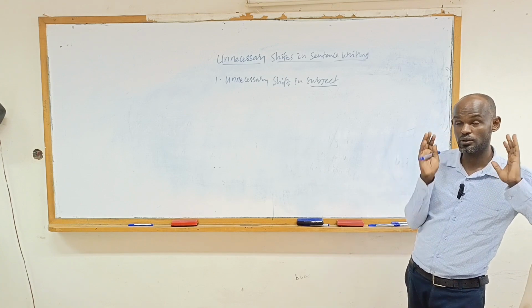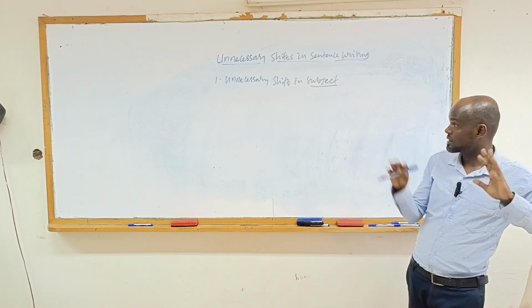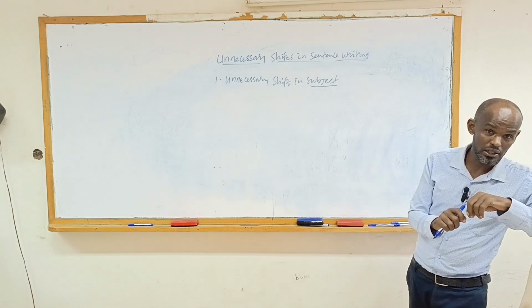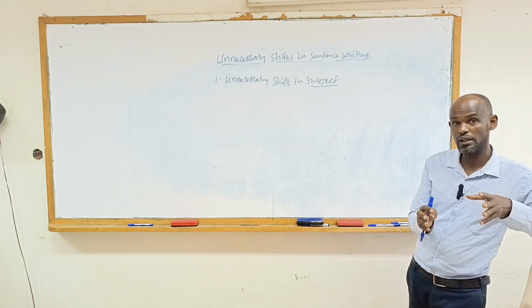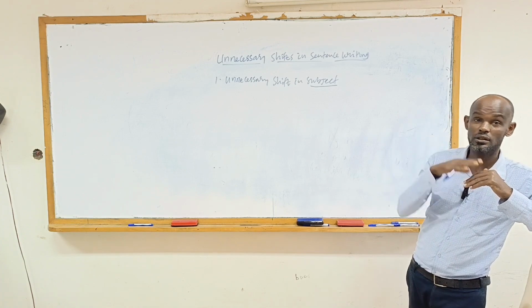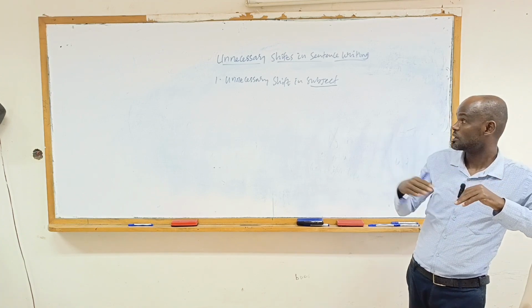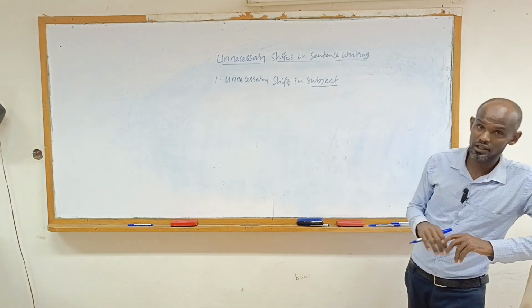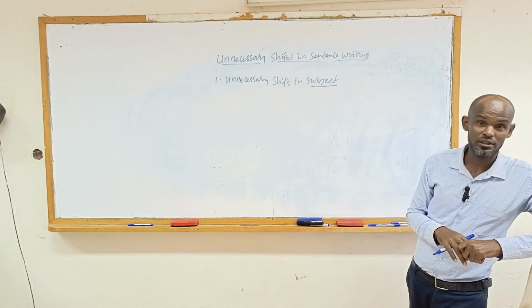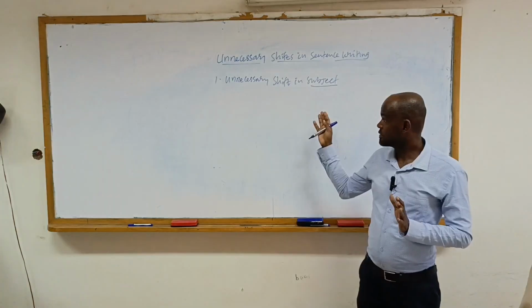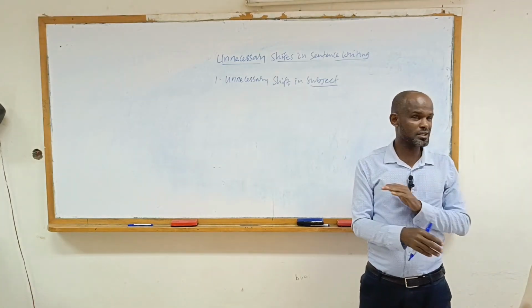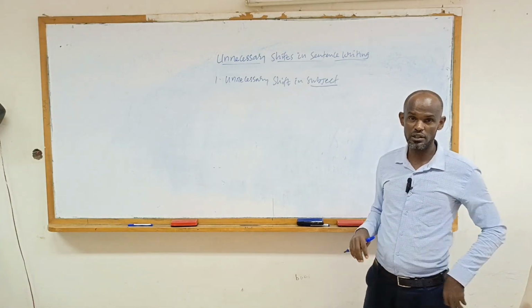talking about effective writing. Still we may communicate, still there is meaning, but in order to improve our writing to the standard and to the formal level, we need to take care of each and every element that writers should consider. When you logically see this one, no problem, because if you shift, still meaning is there, still communication is there.